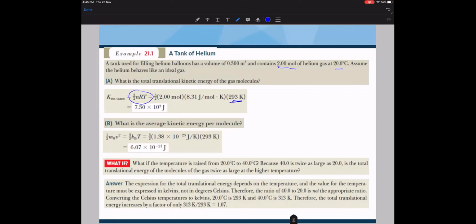And the average kinetic energy per molecule here is equal to 3/2 times kBT.